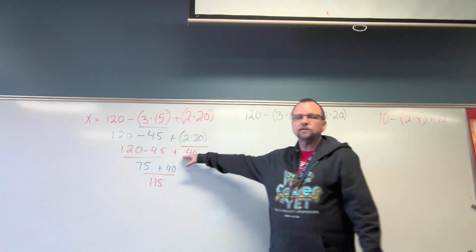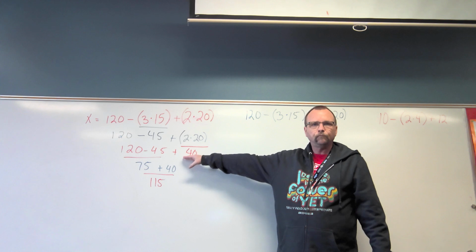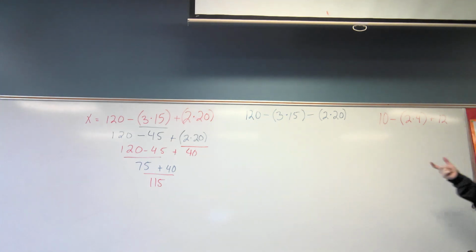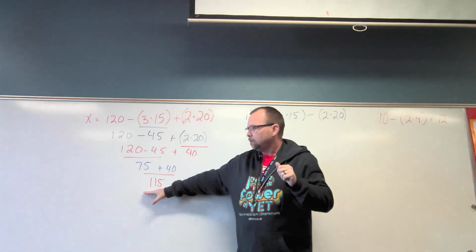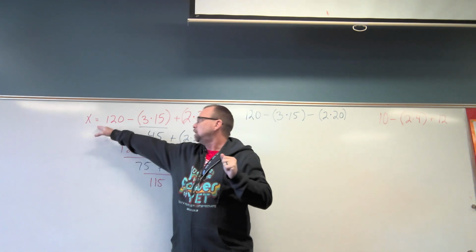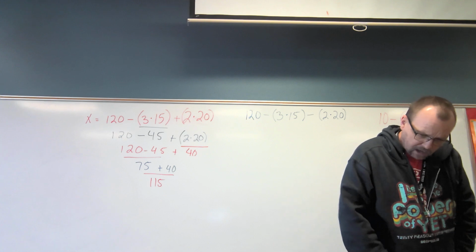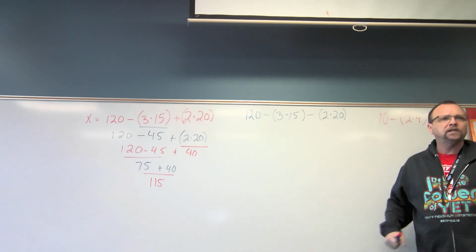Well, this was the answer that was picked by several people. They just randomly picked that answer. They looked at it and thought it made sense, but if you'd have solved it, you would see that they're saying x equals 115 lemons. Did they have 115 lemons left?